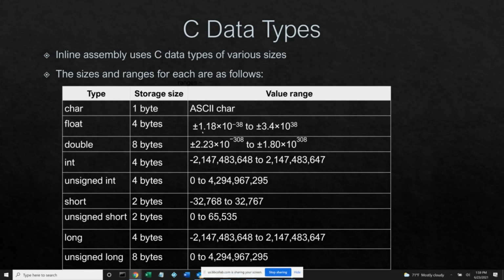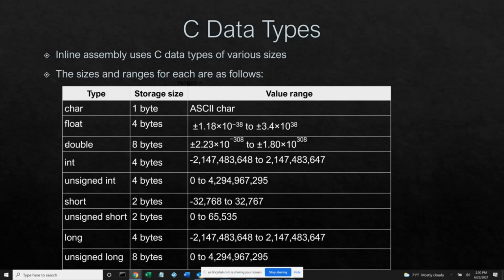So something as small as 1.8 times 10 to the minus 38. Basically, if you put 38 zeros in front of that value, you have an extremely small number. But then you can also represent extremely large numbers, such as 3.4 times 10 to the 38. So again, add 38 zeros onto the end of that number, and you've got an extremely large number. And of course, those can also be positive and negative values.